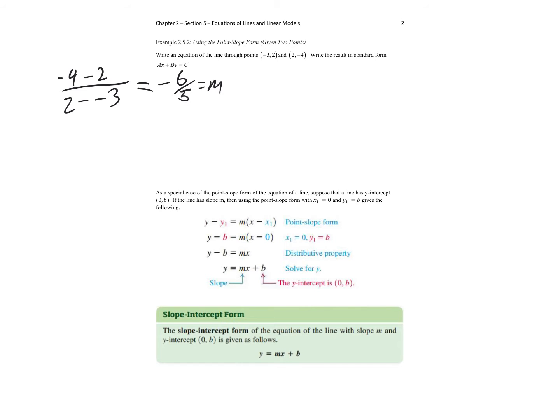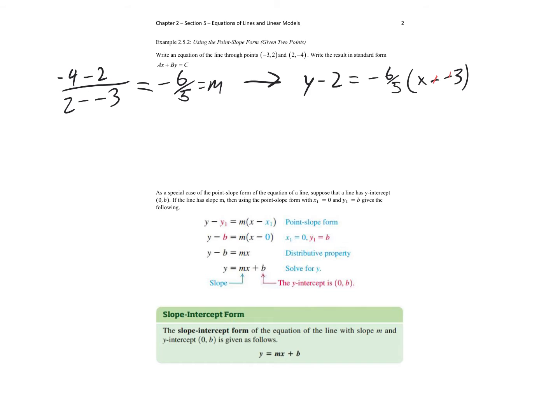Okay, and now once we've got that, we can use either point and you would get the same result. So I'm just going to use the first one that they've given us, and we would set up the formula and get something like this. y minus 2 equals -6 over 5 times x minus -3. Okay, and once again, just be careful about that sign because it's minus negative.